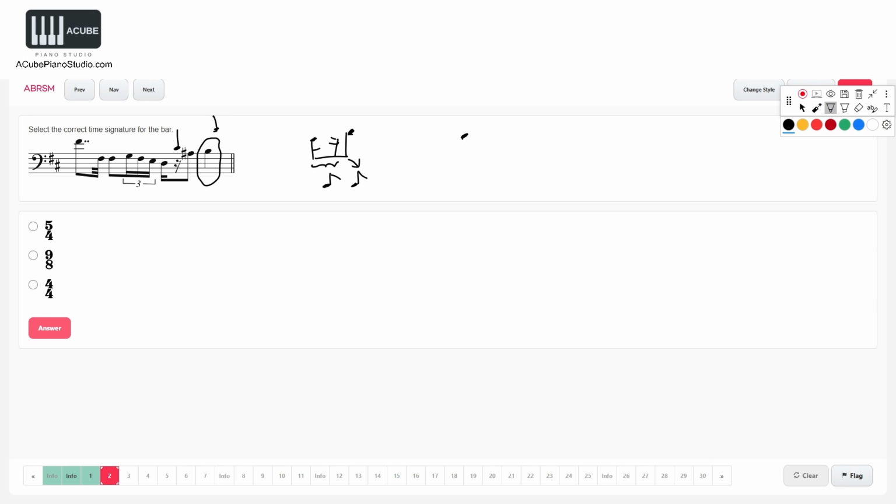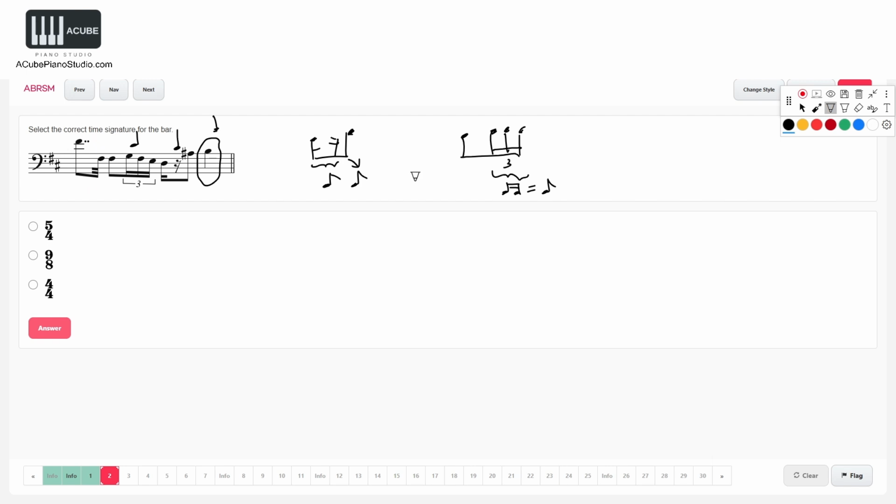So I have this and a triplet consisting of 3 semiquavers. So triplets, we can look at it as 3 becomes 2, right? So when you put a 3 below these 3 notes, the time value is equals to 2 of them. So that means the time value of these is equals to 2 semiquavers, and 2 semiquavers is equals to a quaver. So 1 quaver plus another quaver here, this here is another crotchet beat.